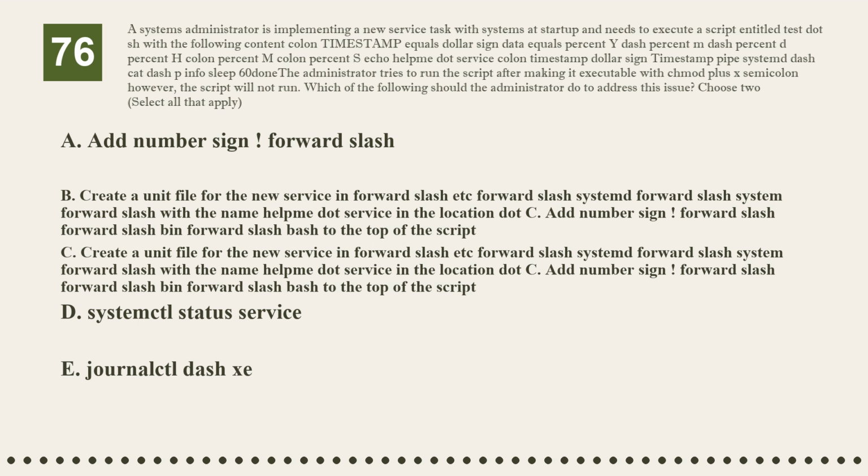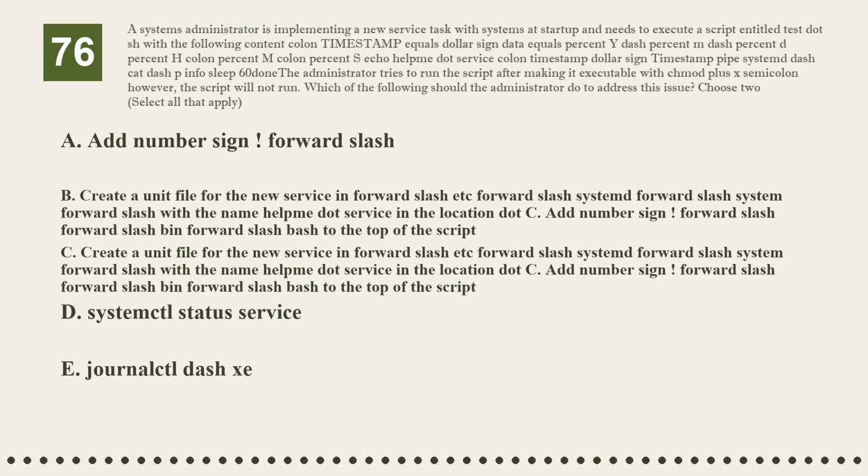Choose 2. Option A. Add &. Option B. Create a unit file for the new service in /etc/systemd/system with the name helpme.service in the location .c. Add #!/bin/bash to the top of the script.